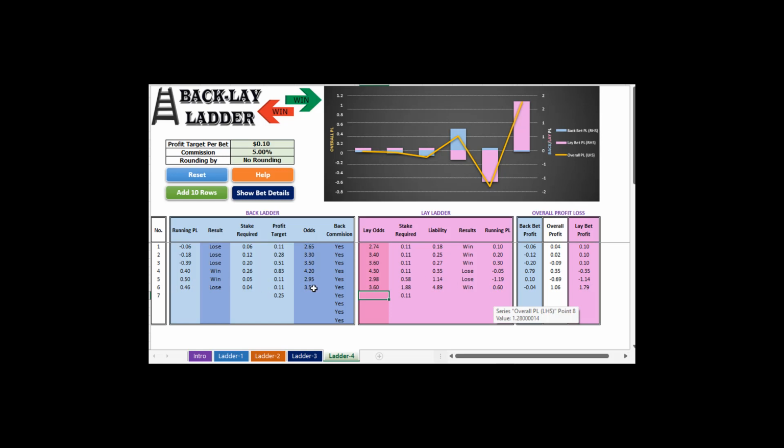After 6 races we're at 60p, where we should be, and the profit on the backing is down to 46p. And if we look overall, we're now at £1.06 profit overall.